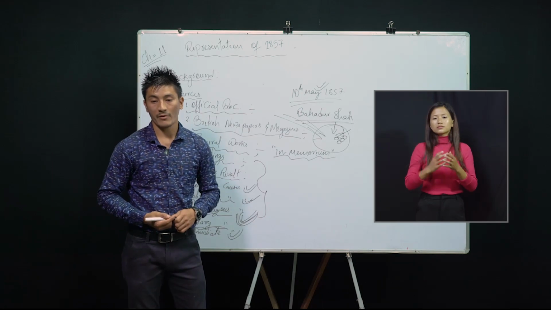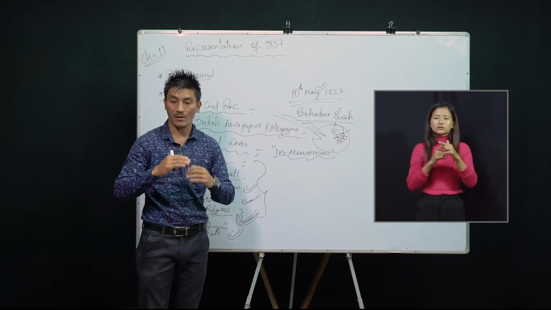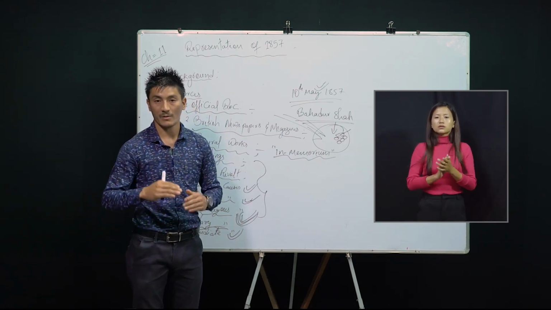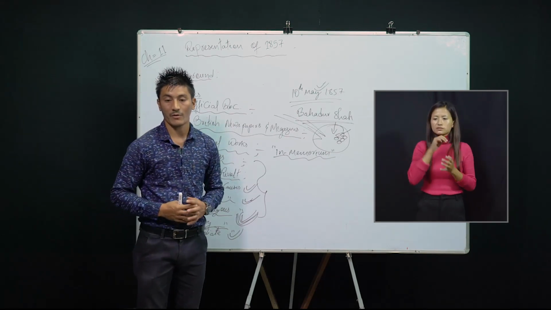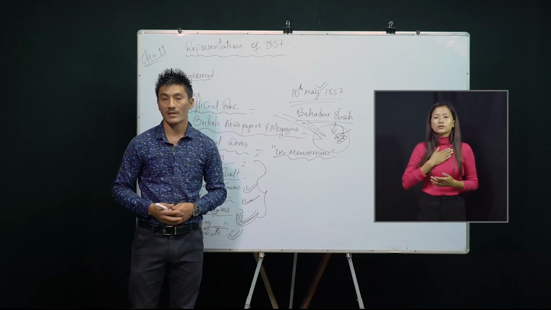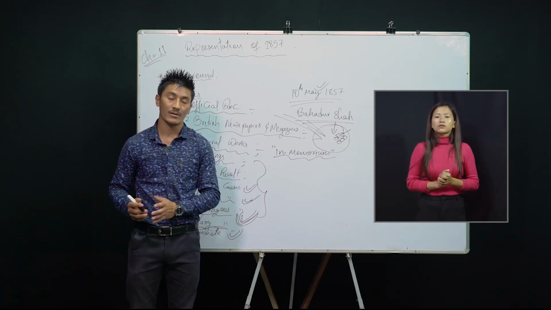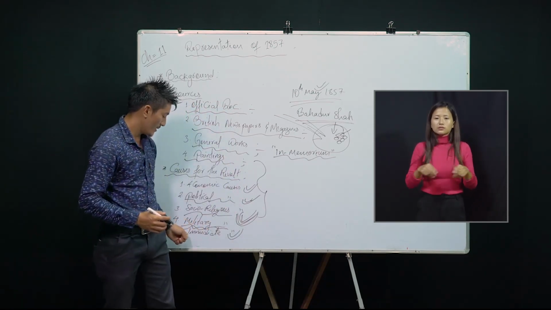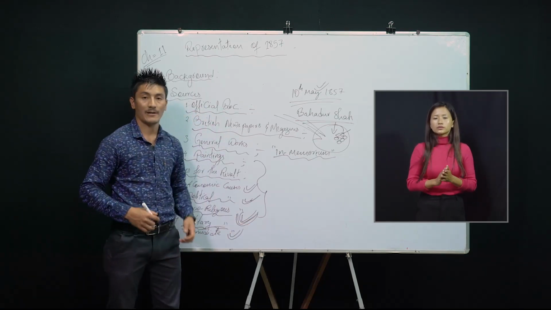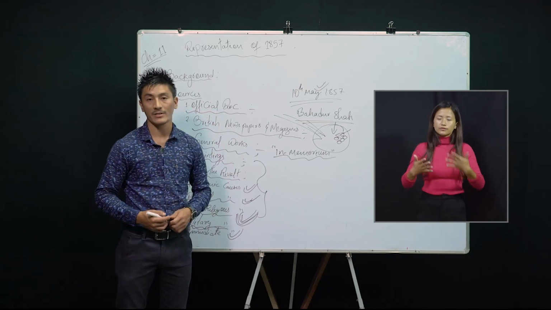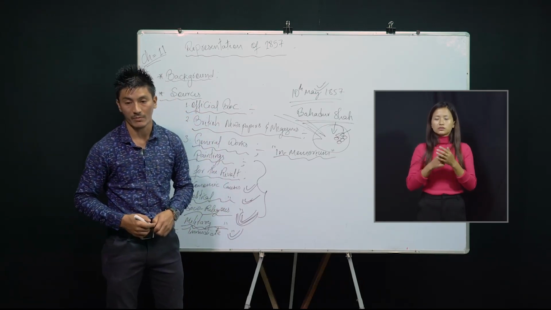Why? Because for the Hindus, the cow was revered and placed at the highest position of respect. And for the Muslims, pork was considered unclean or harmful. So when the new Enfield rifle was introduced, it affected the religious sentiments of both the Hindus and the Muslims.